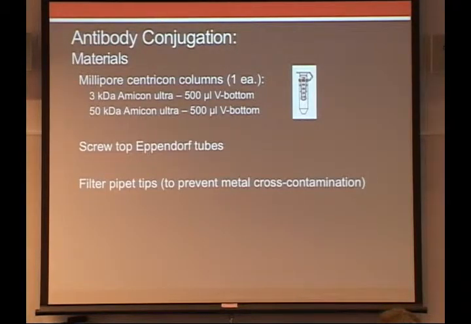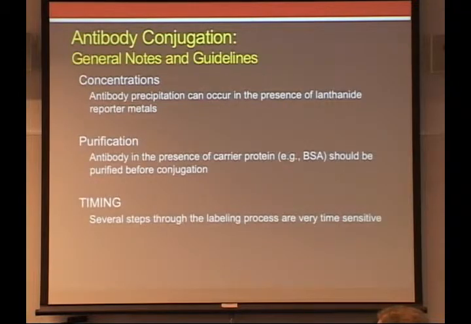And it is important to use filter tips whenever you're doing anything involving mass cytometry to avoid cross-contamination of your metals. As you can imagine, labeling several antibodies at once, you get a little bit of metal solution up on the bottom of your pipetter, stick it into a different antibody, and all of a sudden what you think you're measuring on one channel is spread across 3 channels, and you've really lost all sense of specificity.